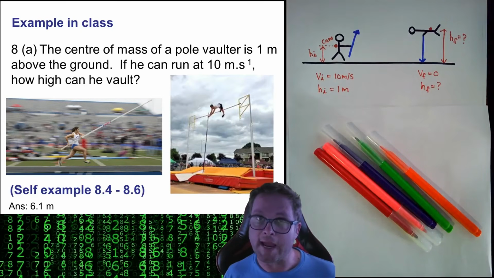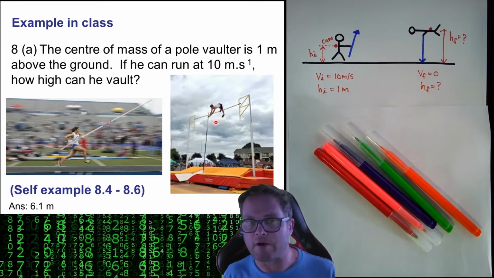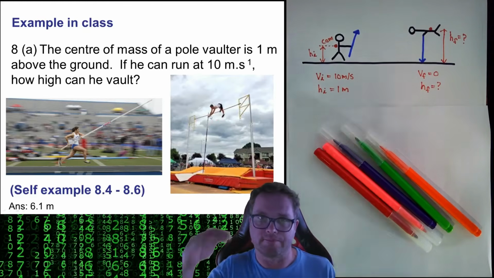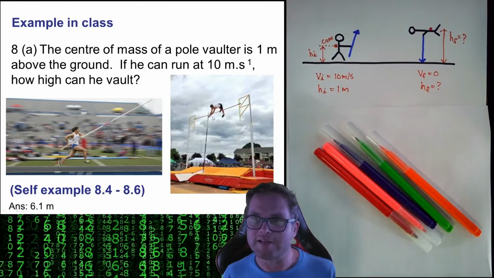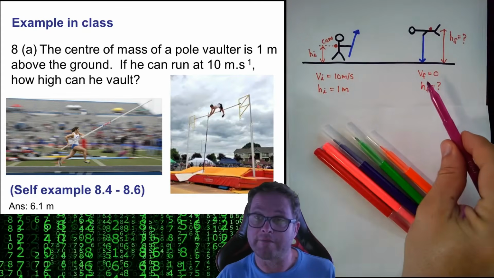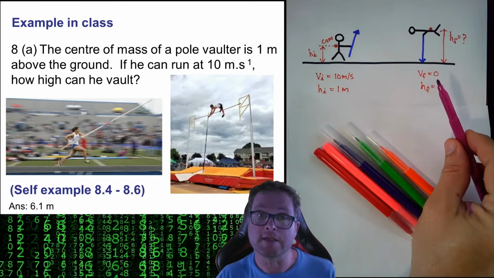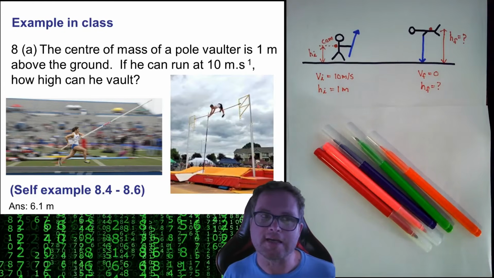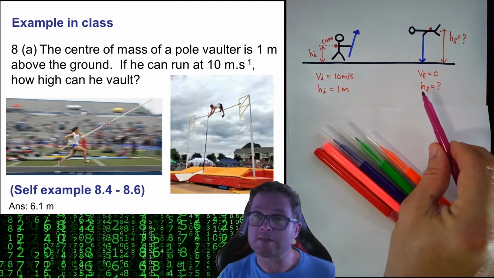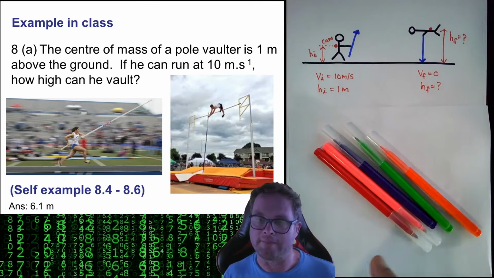And then what's going to happen is they're going to perform their pole vaulting maneuver, and they'll end up at the top, in the sky. So when we look at that, you need to realize that their velocity at that point will be 0, right? And when we ask to calculate how high can they vault, how high can they jump, we are asking to calculate their final height.